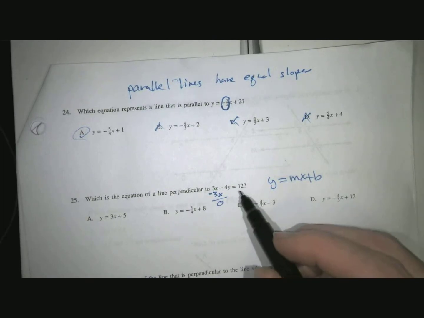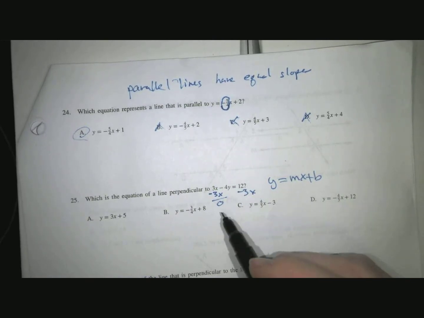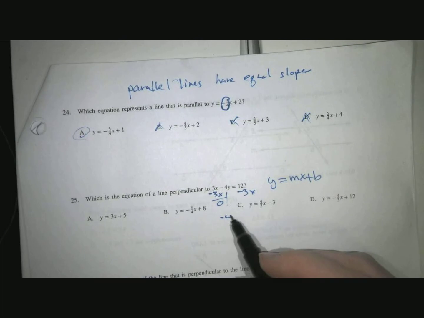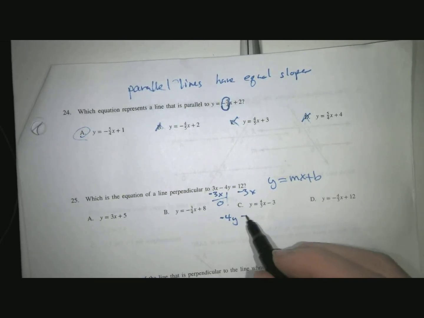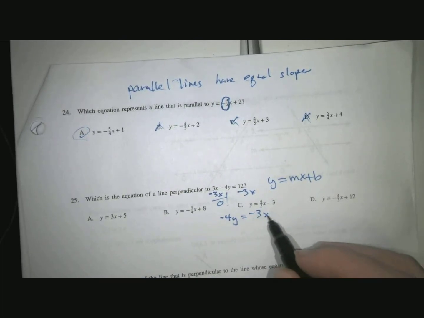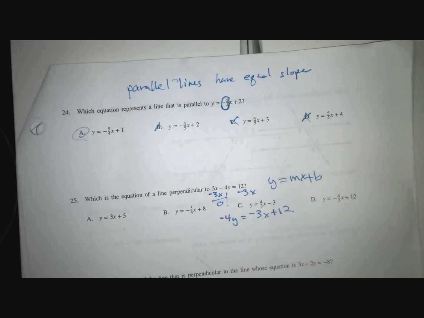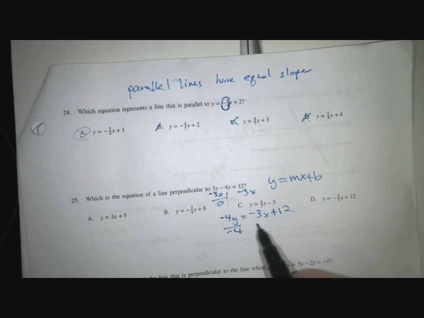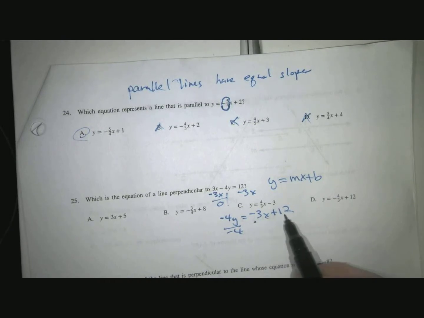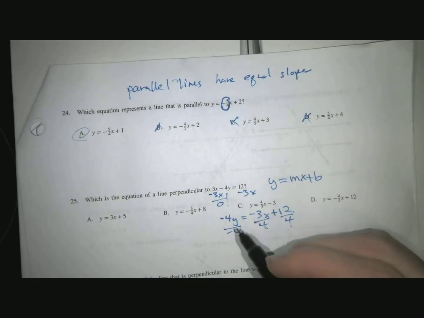So now I have -4y equals -3x plus 12. Now we divide both sides by -4. When you're dividing, you can write a big fraction, but I think it's better if you just do it like this. That way you know you're dividing both of these by -4.